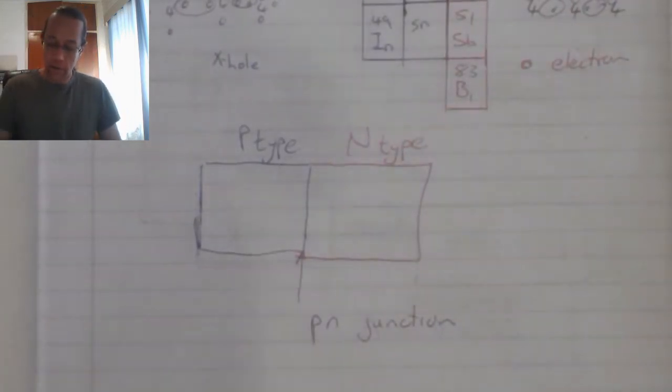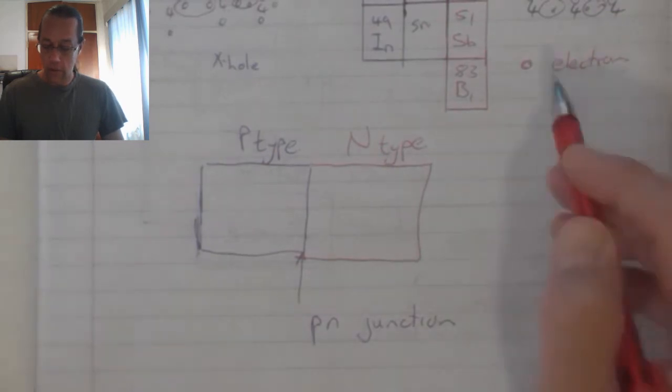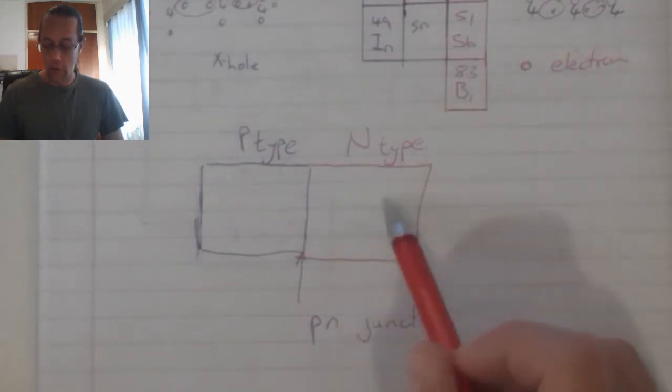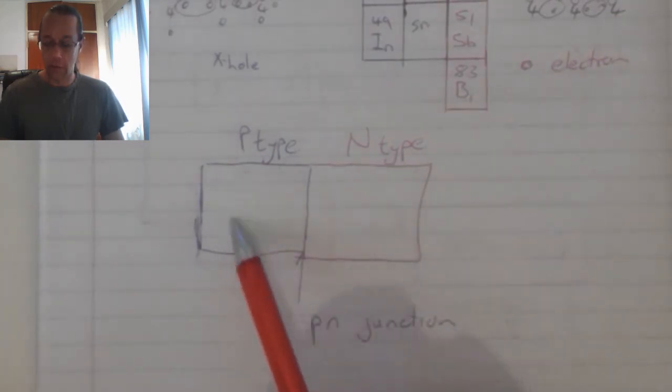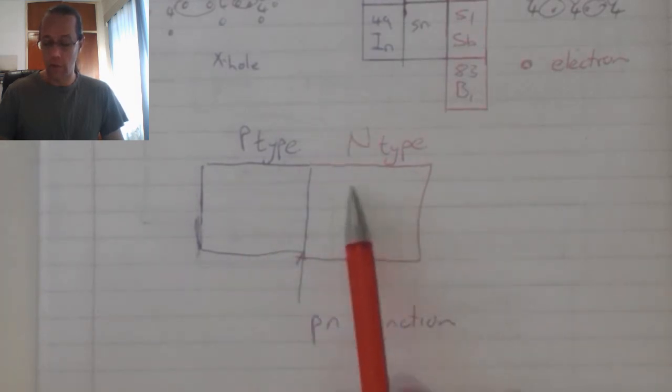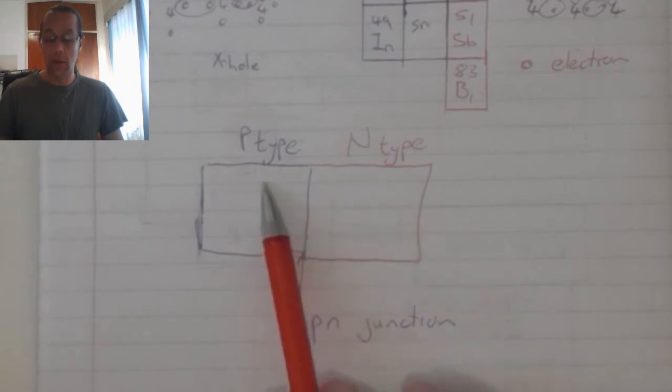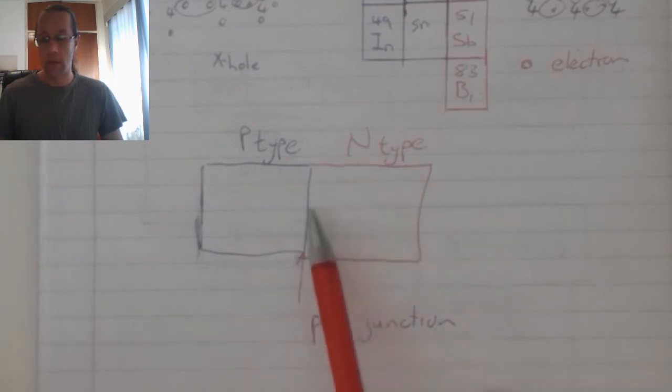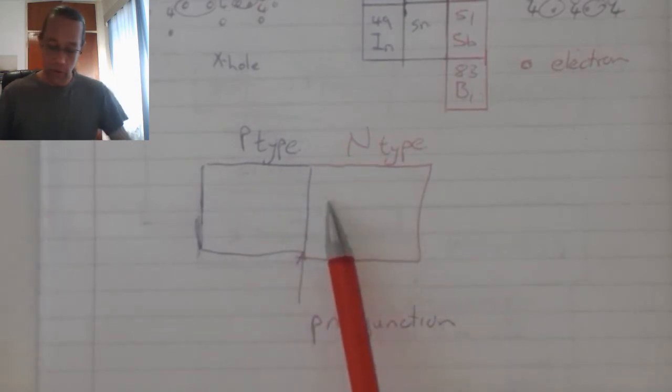Now what we find that happens is in my N-type material, all the electrons that are over here are attracted to the holes in my P-type material. Now as the electrons leave the N-type material and fill in on the P-type material, they are going to leave holes in the P-type material.